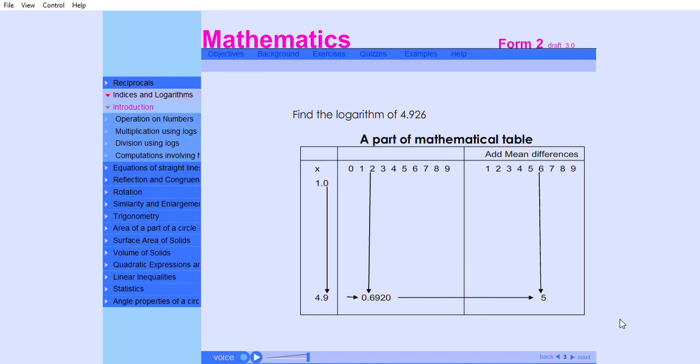In the mean difference columns, proceed further horizontally and read 5 in the column headed 6. To get the logarithm, add 5 to 0.6920 as shown below. Therefore, log 4.926 is equal to 0.6925.